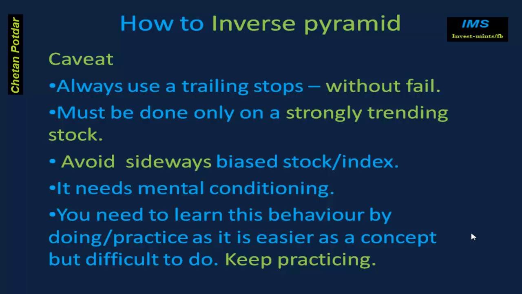You need to learn this behavior by practicing. This is not a strategy which you can learn by logic. It is a strategy which you need to learn by controlling your emotions, by doing it and practicing it. It will take certain deviations from your natural thought process, so it's not a very easily attainable skill.